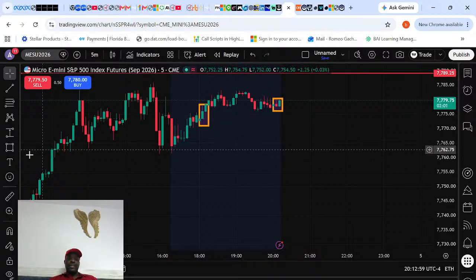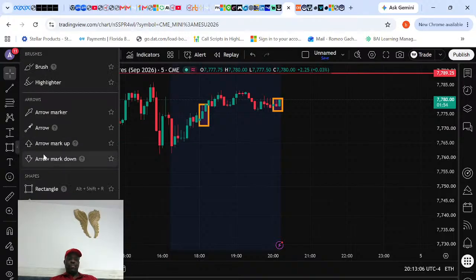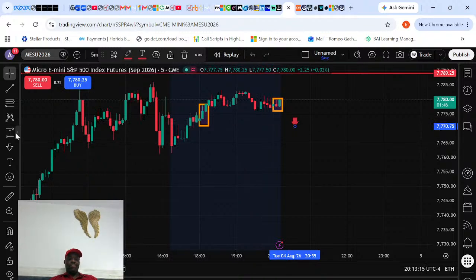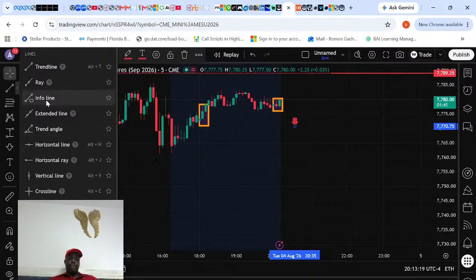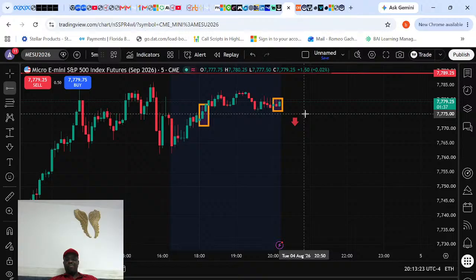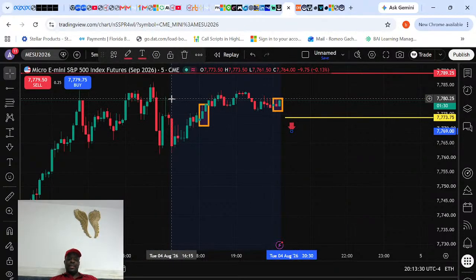I want price to go below. That's if it drops here, below here. Horizontal line. So if it comes right here, I'm gonna sell it.